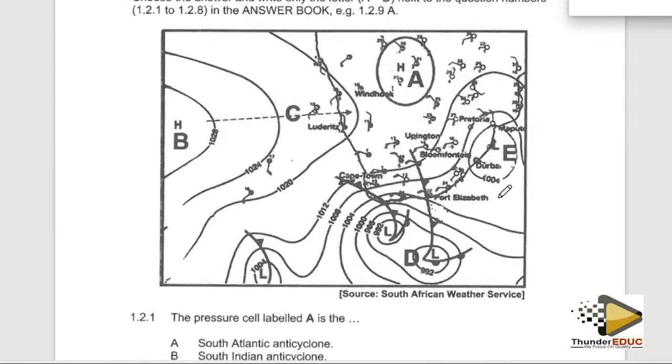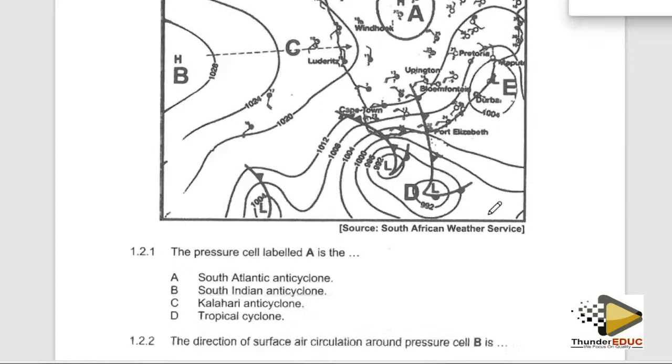So this is our synoptic weather map. 1.2.1 says the pressure cell labeled A is the dash. This is our pressure cell A here. As you can see, this is Southern Africa, which means this is the interior.